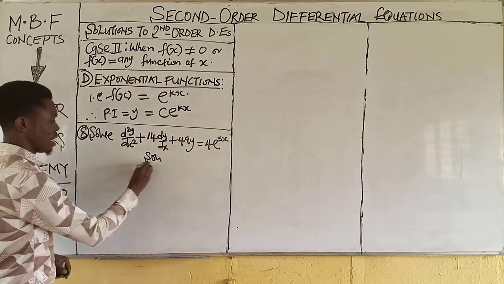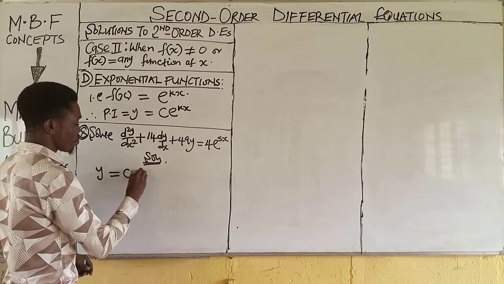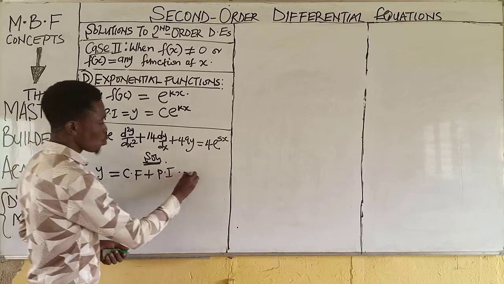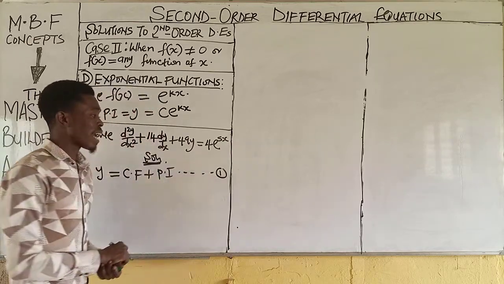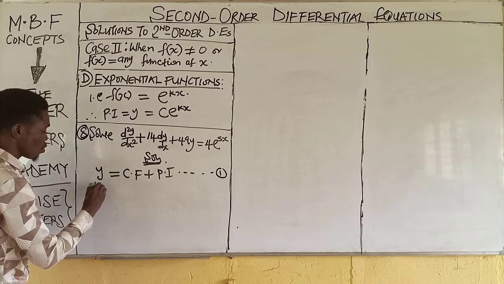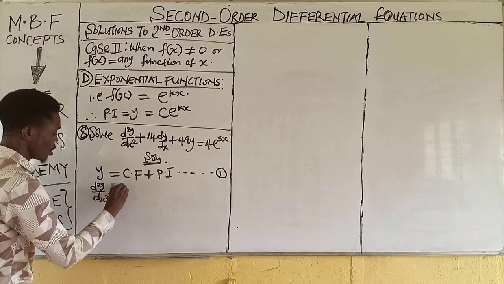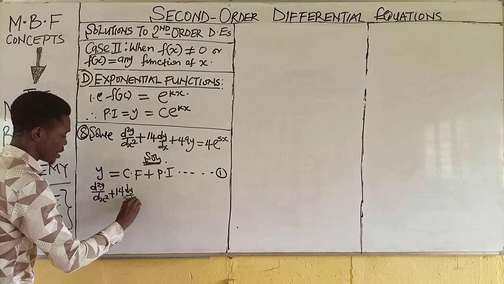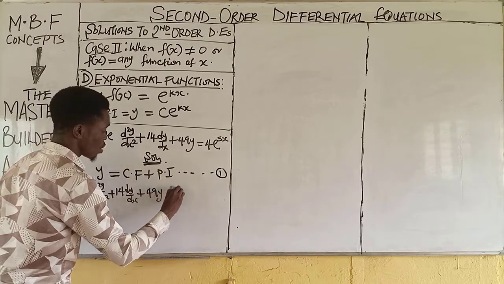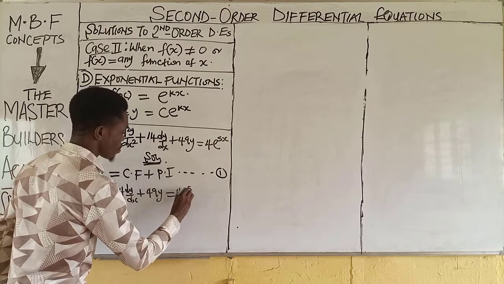Now guys, let's define that. We have y is equal to complementary function plus particular integral. We will call this equation 1. Alright, so let's repeat the same question that we were given, which is d²y over dx² plus 14 dy over dx plus 49y is equal to 4 exponent 5x.